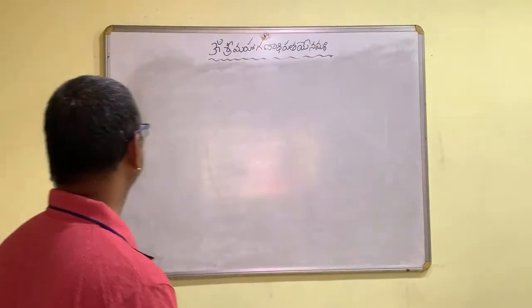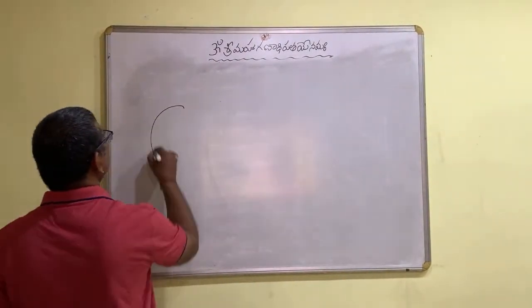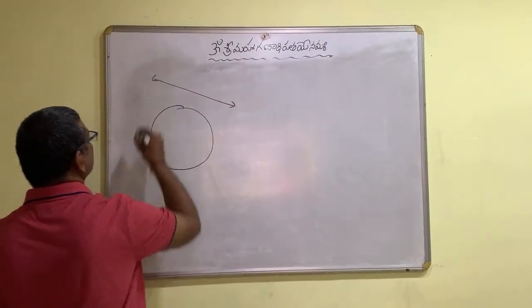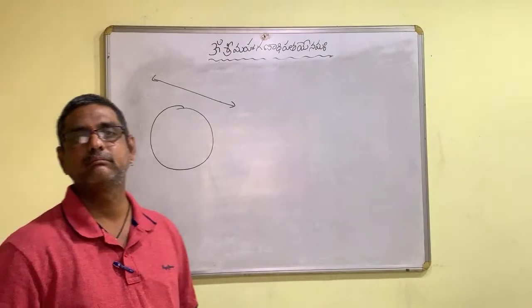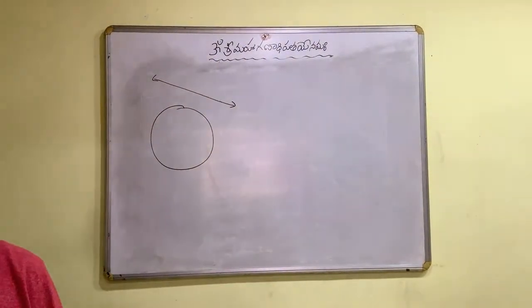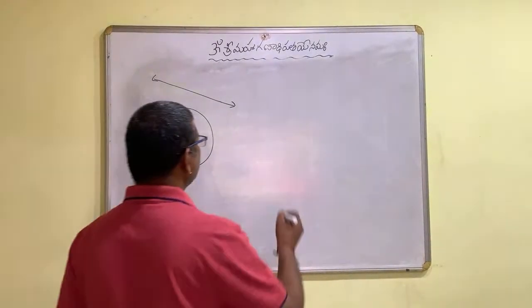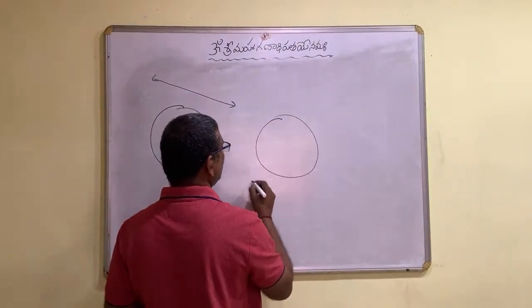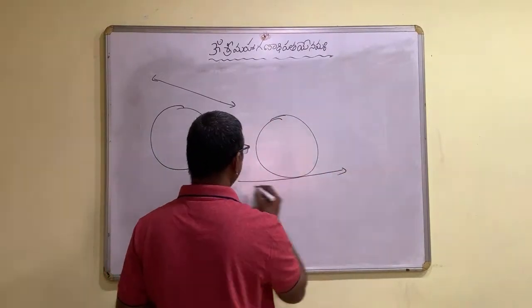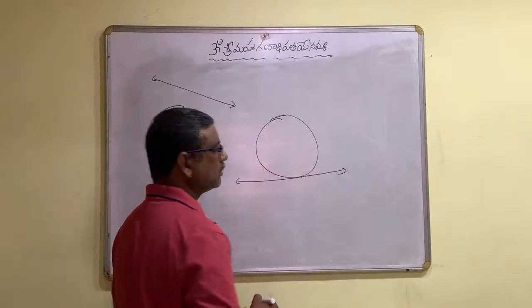What is that? A circle and a line, they will not intersect each other. This is one condition. Second condition, the line and circle both intersect at one point.